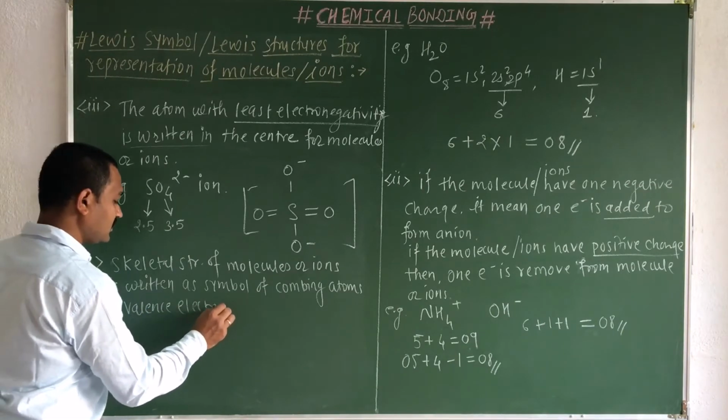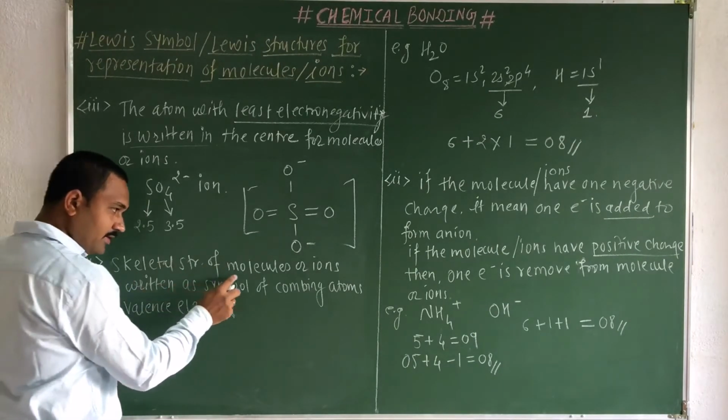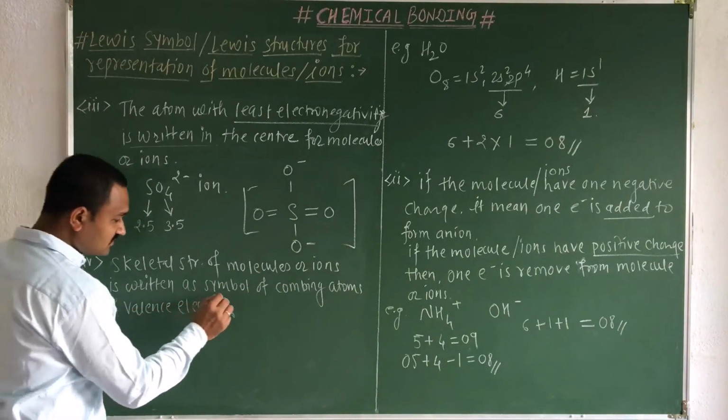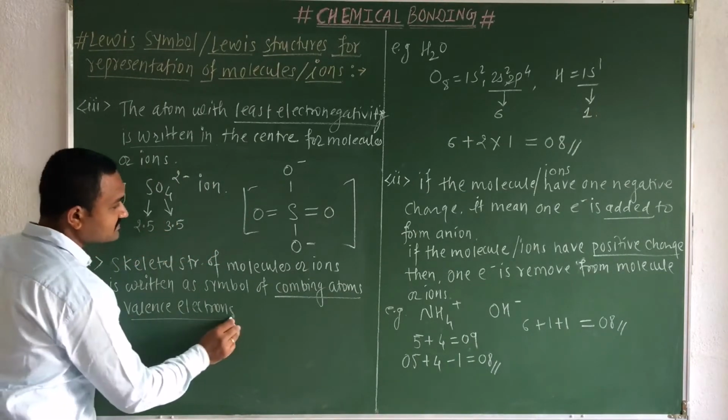So in point number 4, the skeletal structure of molecules or the ions is written as a symbol of combining atoms and the valence electrons.